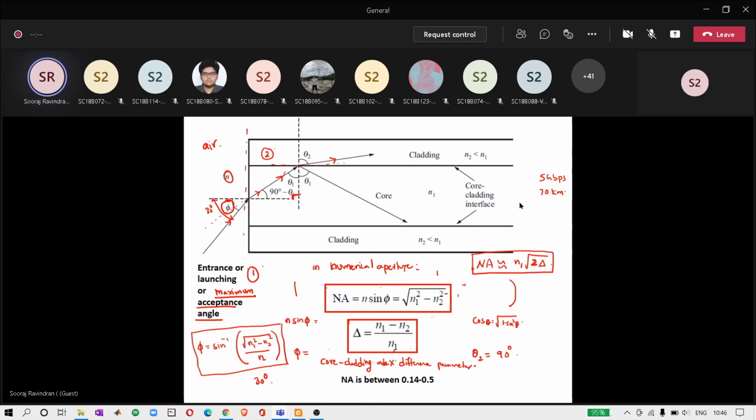And for practical optical fibers, the numerical aperture is always between 0.14 and 0.5. Since refractive index is a dimensionless quantity, numerical aperture is also a dimensionless quantity. Any questions?